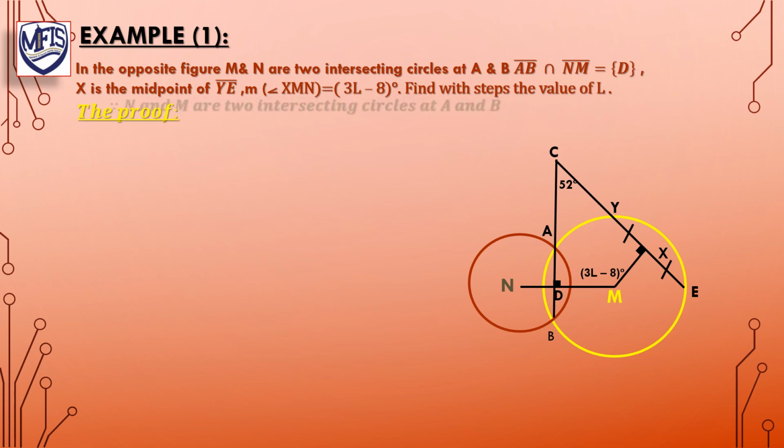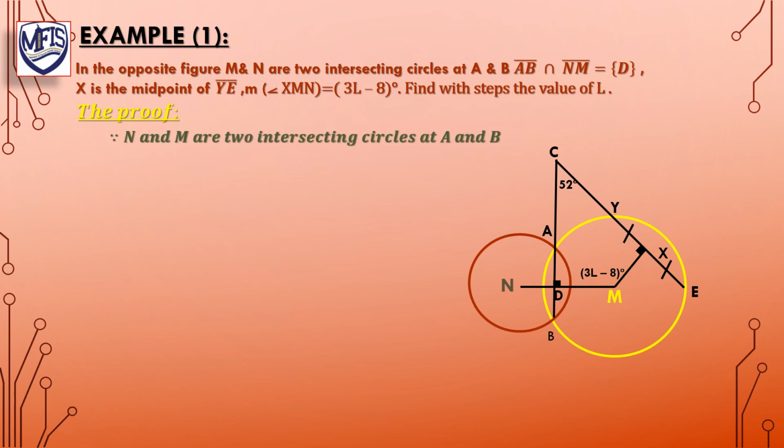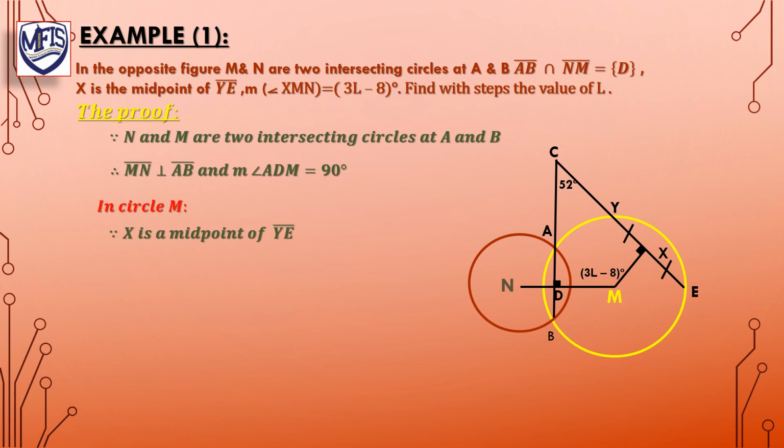The proof. Since circle M and circle N are two intersecting circles at A and B, therefore MN is perpendicular to AB and measure of angle ADM equals 90. In circle M, X is the midpoint of YE. Therefore, MX is perpendicular to YE, therefore measure of angle MXY equals 90 degrees.